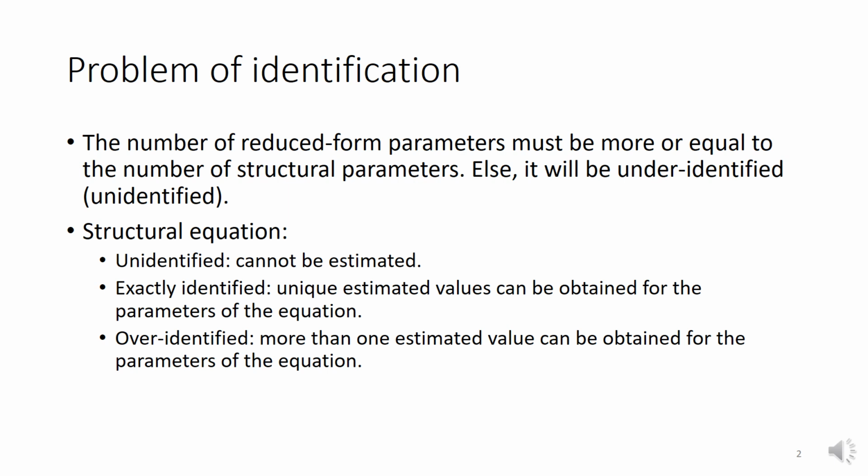If you have 3 variables but only 2 equations, then you cannot find unique solutions. Similarly, if you have more than 3 equations and 3 variables to solve, then technically you can have more than one value for each of the variables. The same thing applies when we talk about the simultaneous equation model.